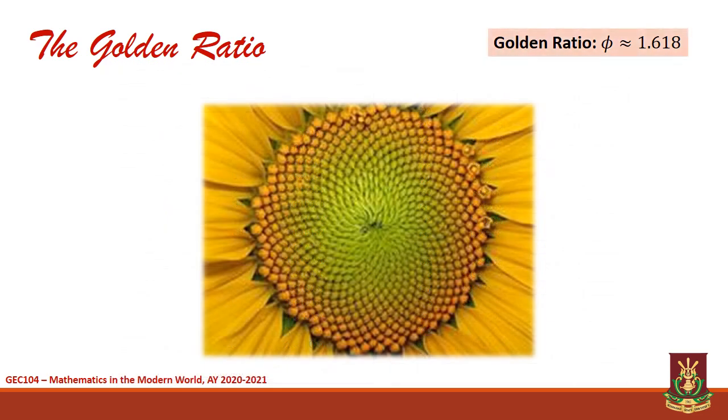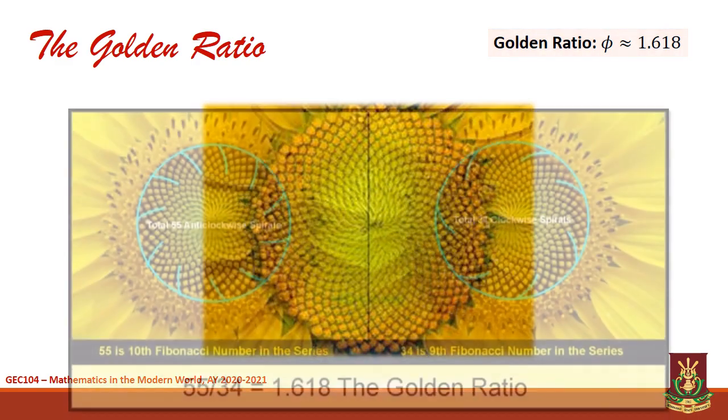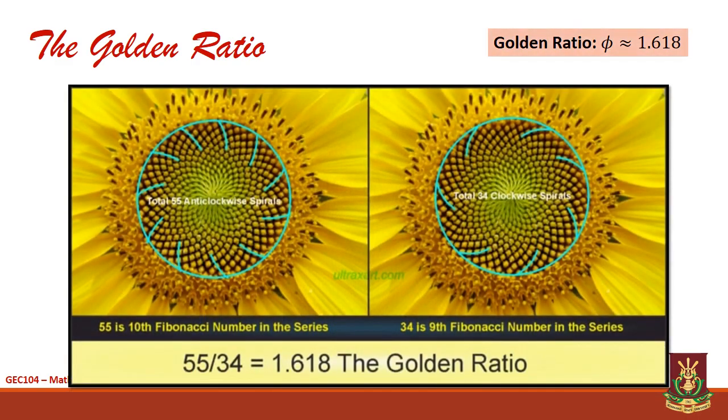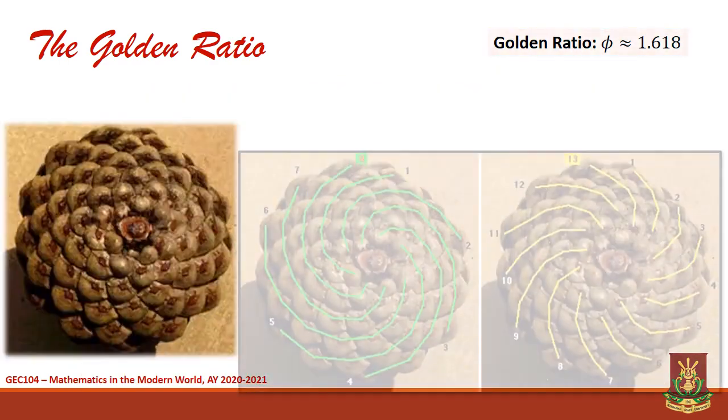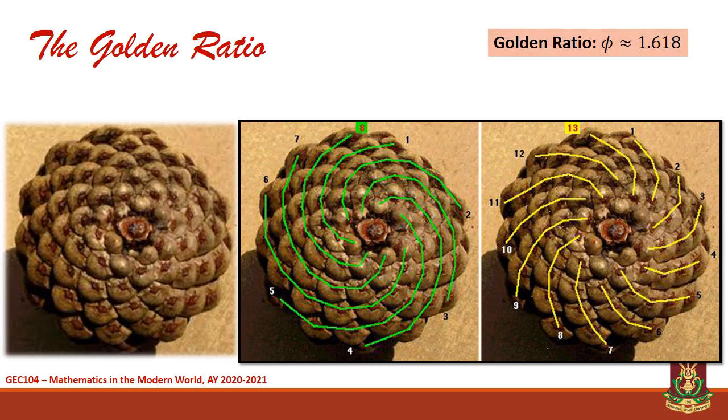The significance of these numbers and patterns lies not from within but from where we find them. Let us consider this sunflower. Observe that the number of spirals displayed by its florets counts to 55 and 34, which are consecutive Fibonacci numbers. The same pattern behavior can also be seen in this pine cone.